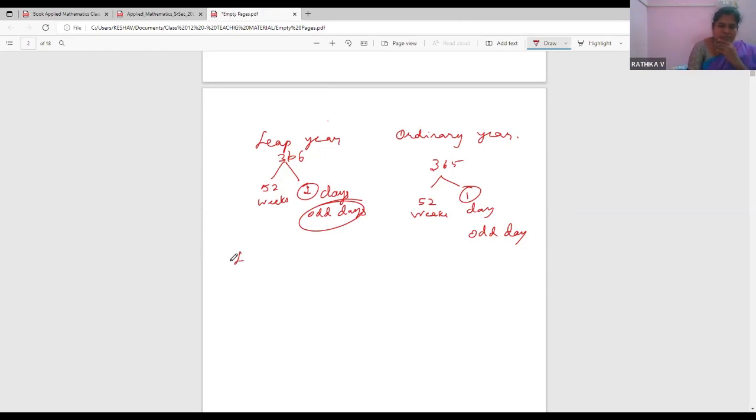So this actually, we have to calculate for 100. See, centenary years we have to take. What is the meaning of centenary years? Centenary years means 100, 200, 300, 400, etc. Do you think 100 is a leap year? Usually we teach that a leap year is a number divisible by 4.